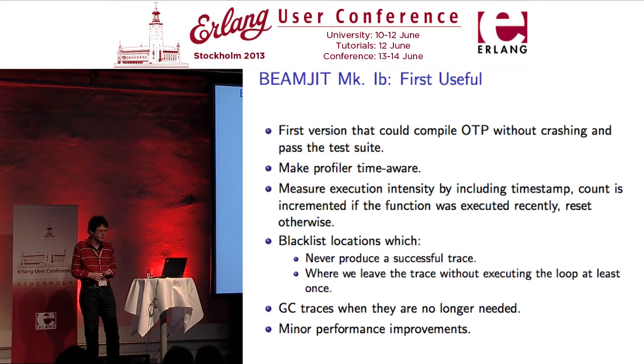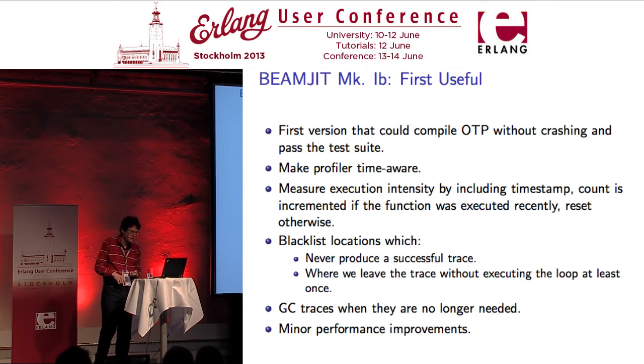Also, I added some things like garbage collection of traces so you could actually purge code and load new code, things like that. It didn't impact performance in any way, but it was time to do something to cut down on this overhead for loading and storing at least.